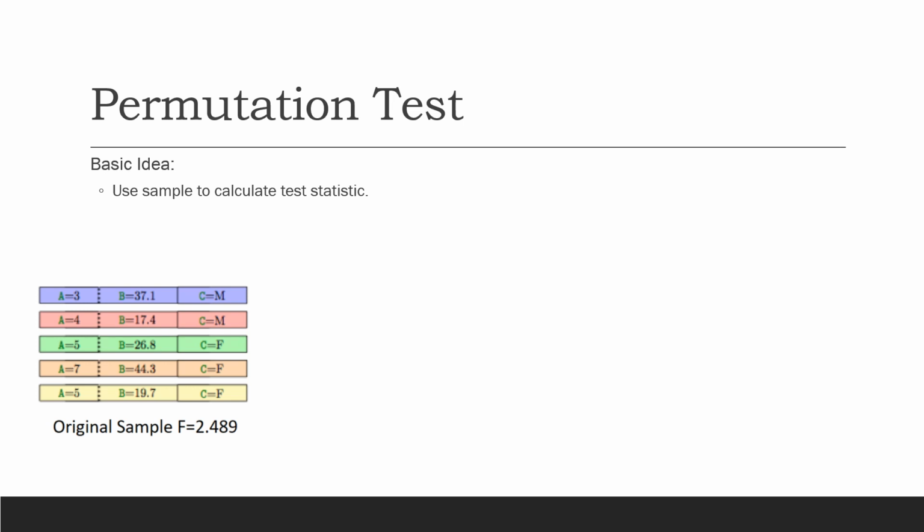Here they are. Here I'm considering A, my response variable, and B and C are the explanatory variables. And I used R to calculate an F value for this original sample.